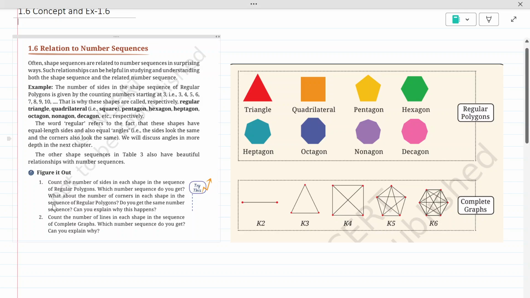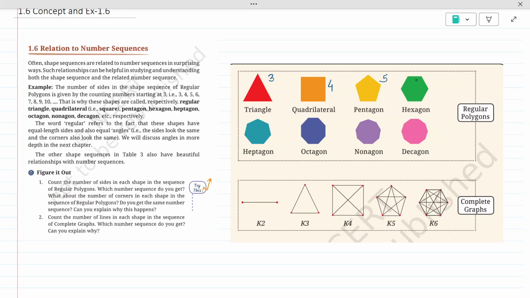So, the first question is, count the number of sides in each shape in the sequence of regular polygons. Which number sequence do you get? So, we have already done this. I am rewriting here. In the case of a triangle, the number of sides are 1, 2 and 3. For a quadrilateral, it is 1, 2, 3 and 4. Pentagon has 5: 1, 2, 3, 4, 5.